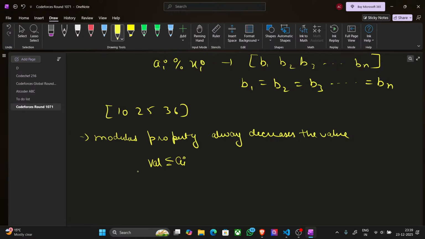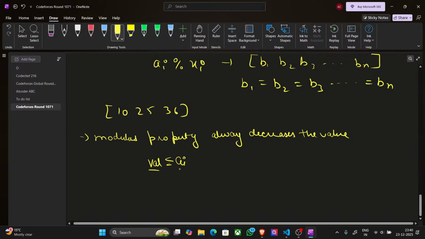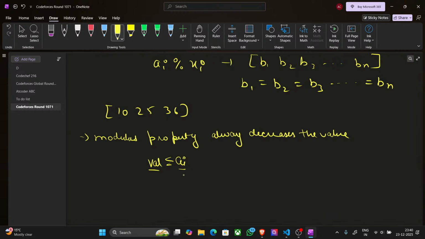So if the new value is less than or equal to ai, first we need to check for ai when it is equal. We are trying to make all the elements equal in this array, and I just said that the modulus cannot increase your value.